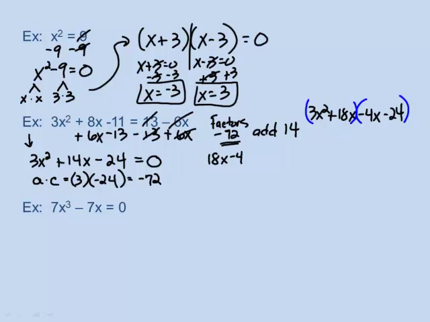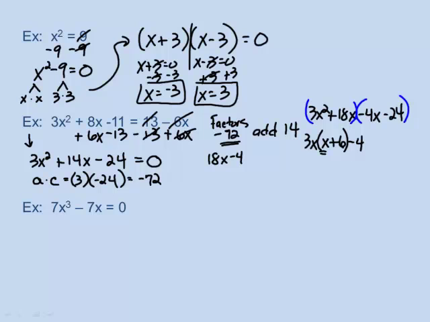Out of that first group, we can factor out a 3 and an x, which leaves us with x plus 6. And then out of our second group, because we want our groups to match, and notice that our first term in our first group is positive, we want to force that first term in our second group to be positive as well. So rather than factoring out a positive 4, we're going to factor out a negative 4.